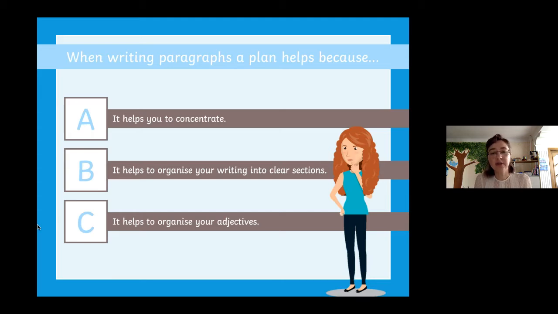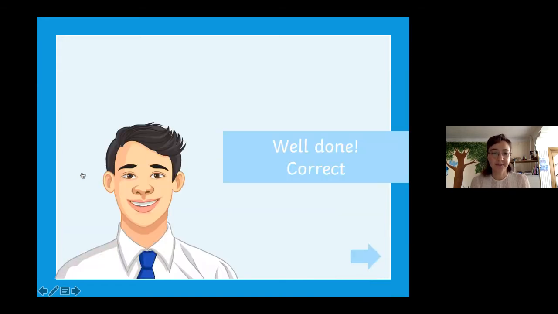Let's look at A. It helps you to concentrate. There are lots of means to concentrate so you don't go off topic. The plan partially helps that, but this answer is vague and not specific. I would opt for B, as it helps organize our writing into clear sections. Well done.